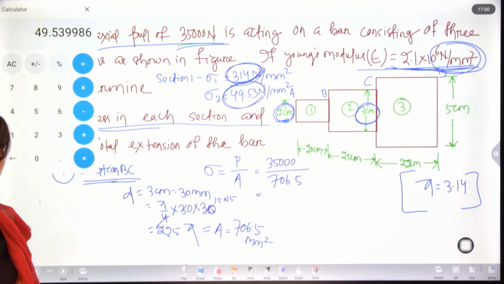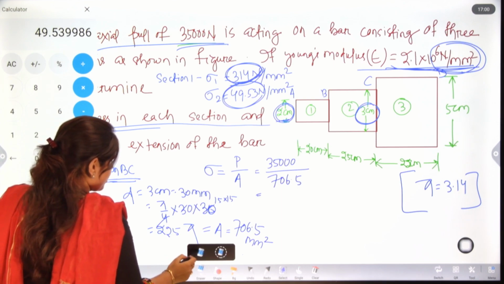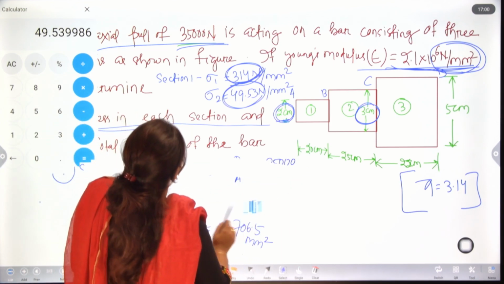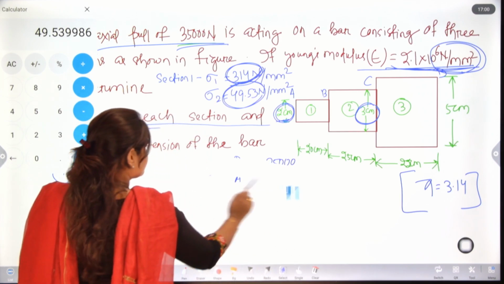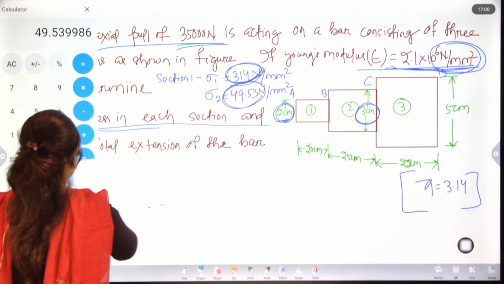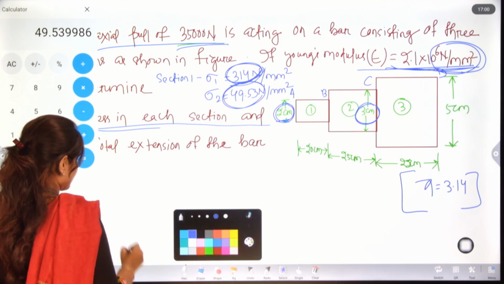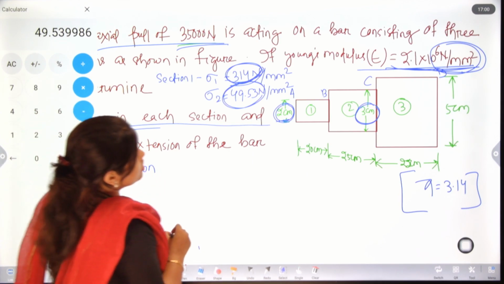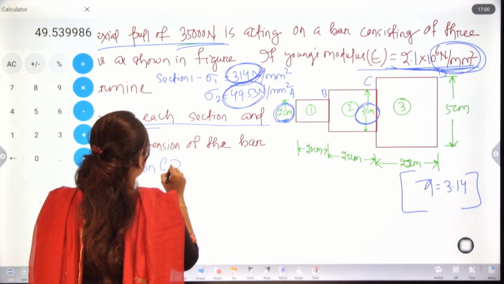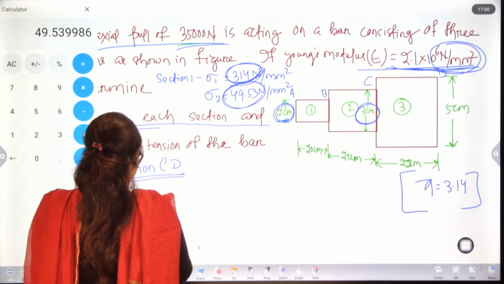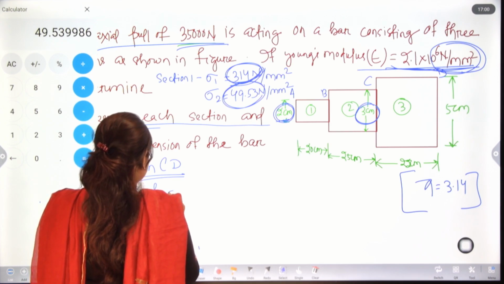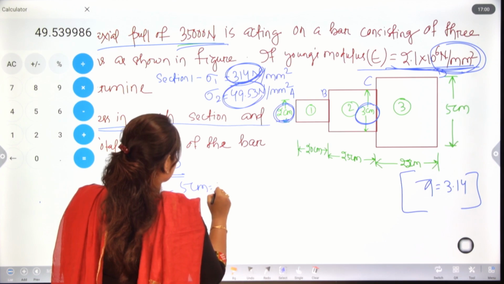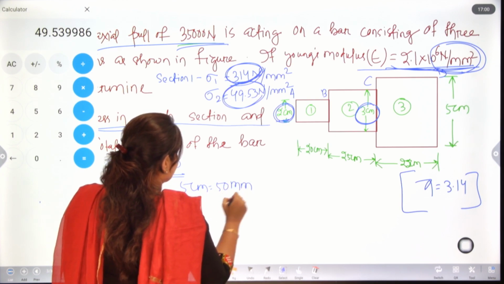So in our next section, section CD. D3 is given as 5 centimeter, that is equal to 50 mm.